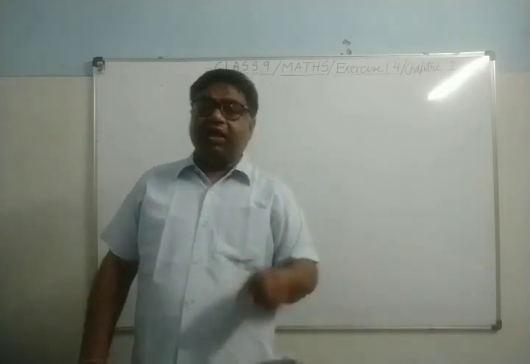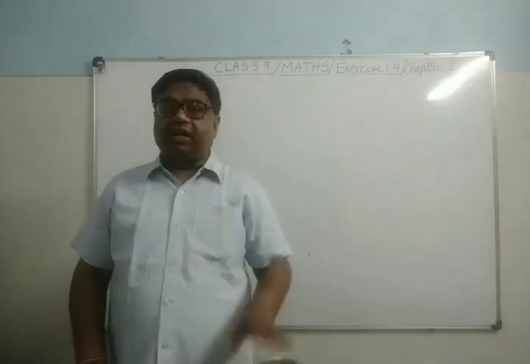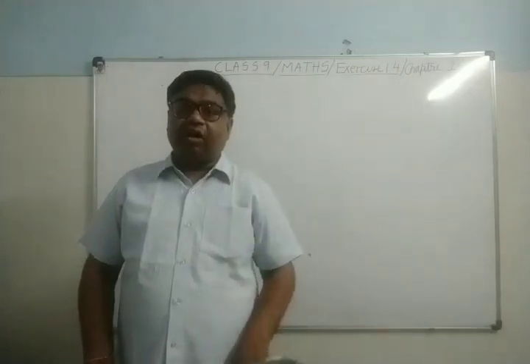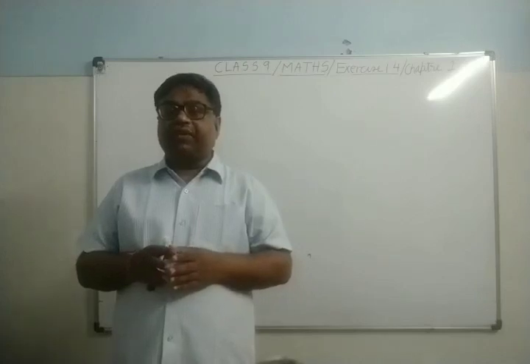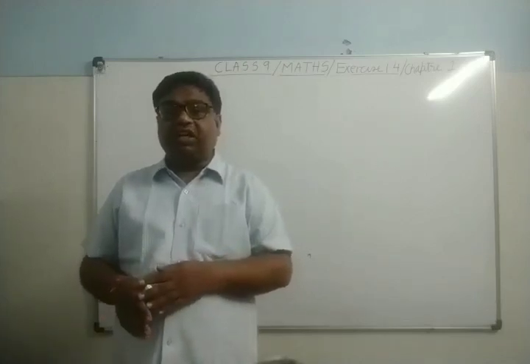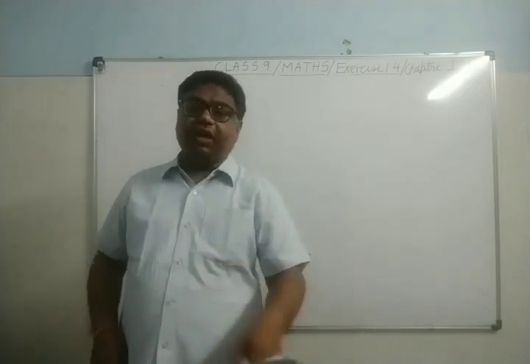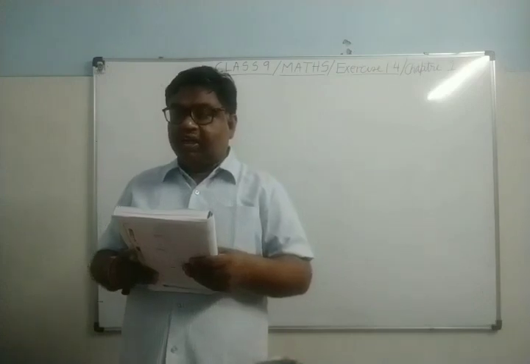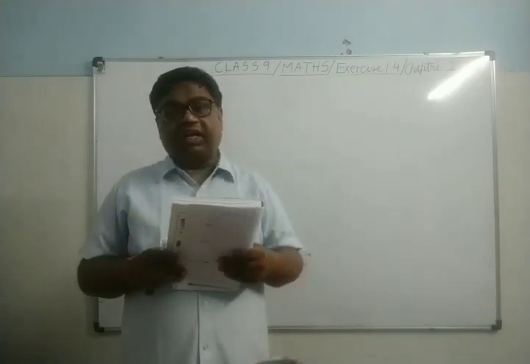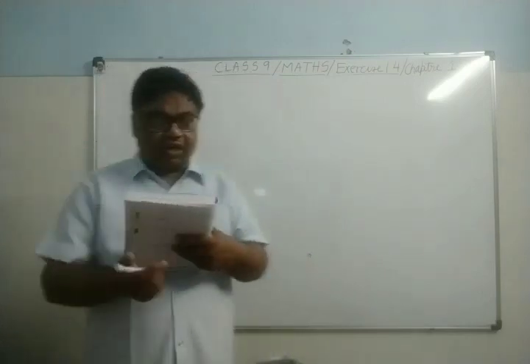Only irrational numbers have non-terminating and non-recurring decimals. After simplification, the number which is irrational will have a non-terminating and non-recurring decimal.